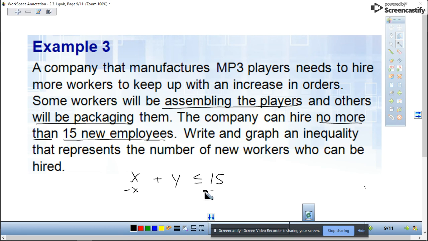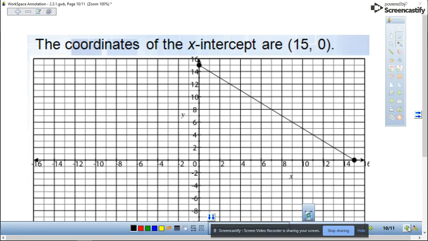So subtract X, and we get Y is less than or equal to negative X plus 15. Okay, now that I can graph. And here we go. Again, that's Y is less than or equal to negative X plus 15.